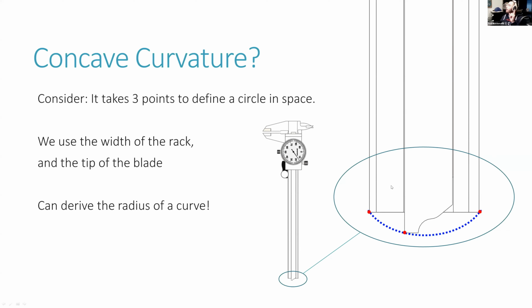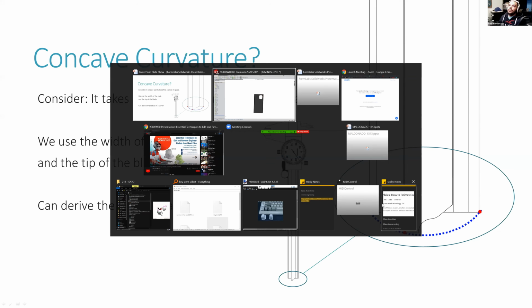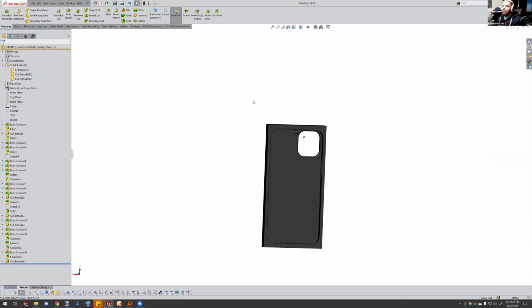So given the overall width of your rack here, and then the distance between this first point and this second point along the horizontal direction, so basically this line, as long as you know those two, and then you read out the third, you're able to define the radius of a curve. So I'll show you how I'll do that.